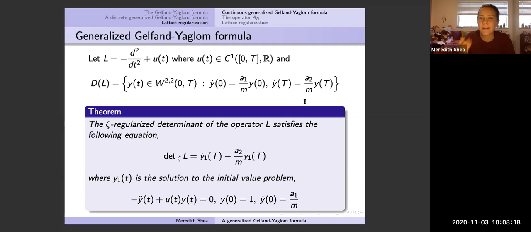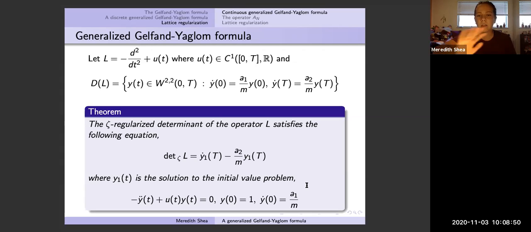It looks very similar to the operator. It's basically L of y1 is equal to 0, and it has the following boundary conditions. The y1 seems unmotivated right now, but I'll try to explain the proof a little, and hopefully why y1 appears here will seem more motivated.